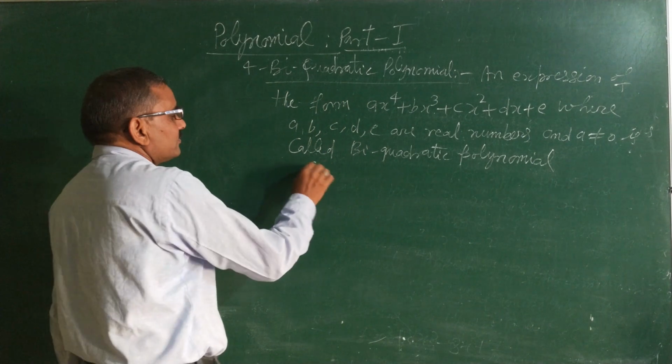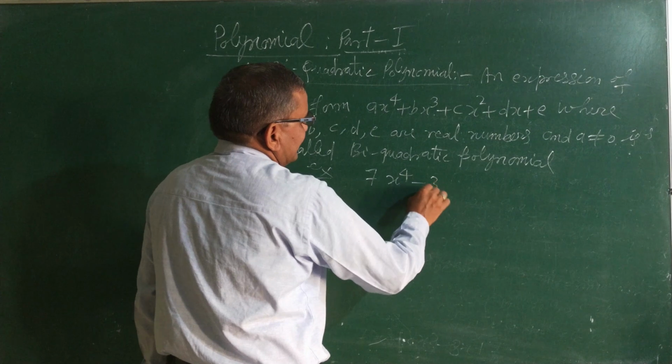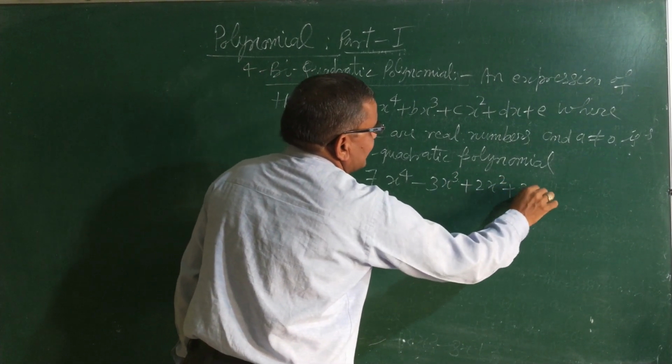For example, 7x power 4 minus 3x cube plus 2x square plus x minus 3.